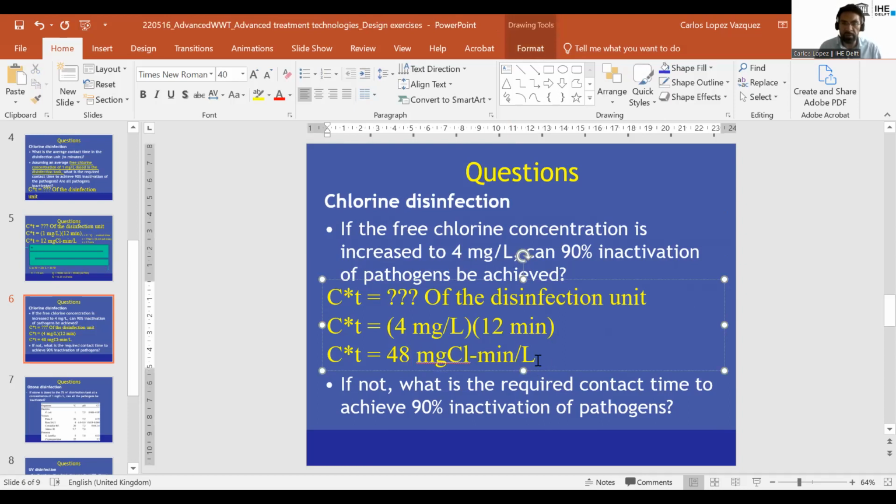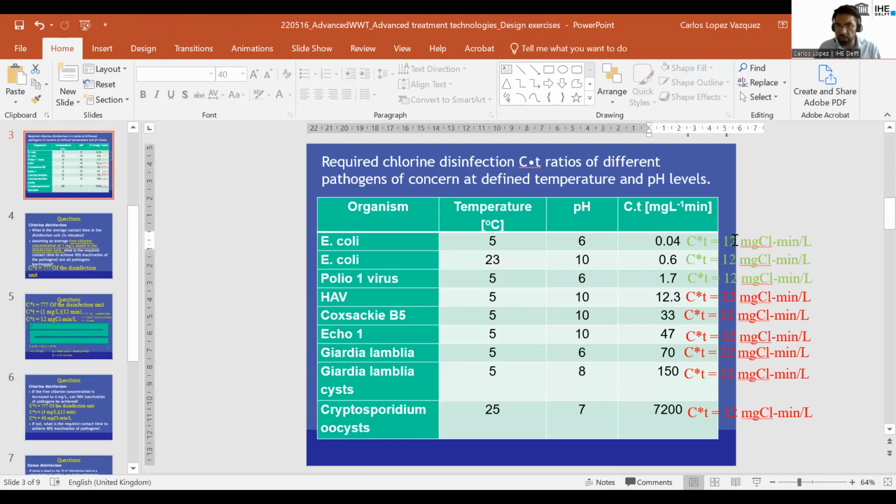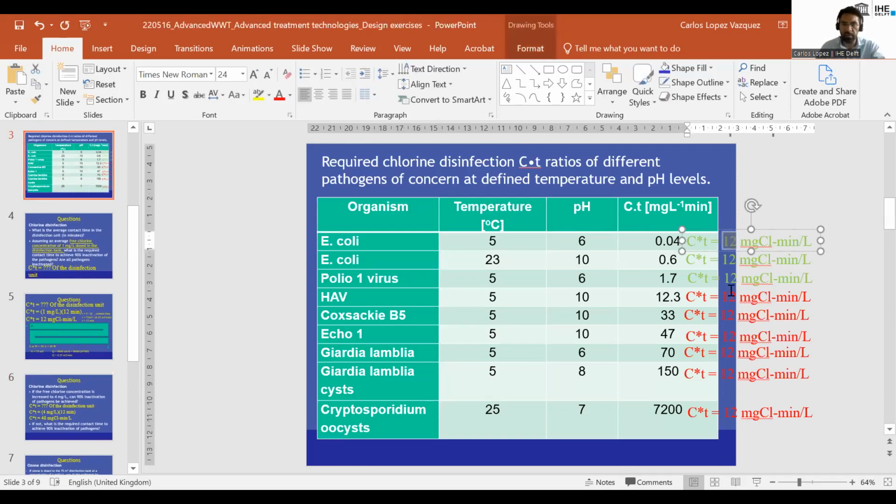Now, if I have 48 and if I come back, now the disinfection is 48. So for the second case, if I don't use 1 anymore, but 4, this will increase to 48. This will also be 48. All of them are going to be 48.